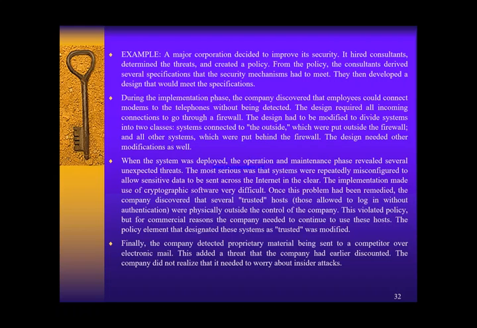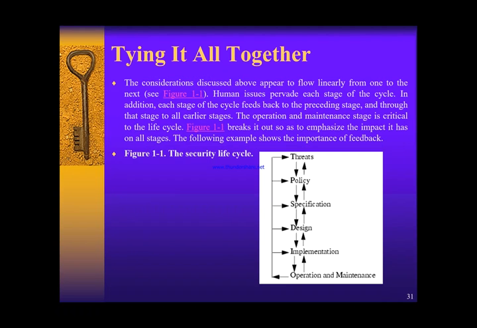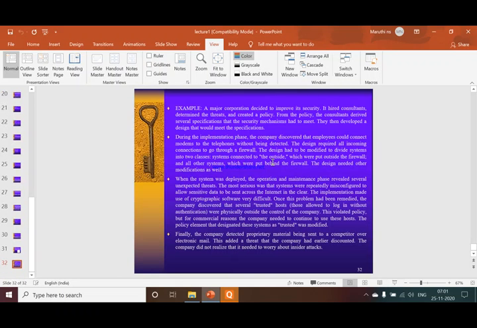How it is developed and how it is implemented, from the development stage till the end, is just this: threats, policy, specification, design, implementation, and operation and maintenance. So this is very simple, because in each and every aspect we can see this security life cycle. If everything is smooth, everything is good. If something is wrong, then the problem comes. So that is this small unit of introduction and overview.